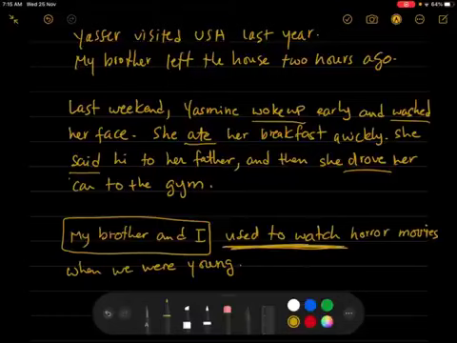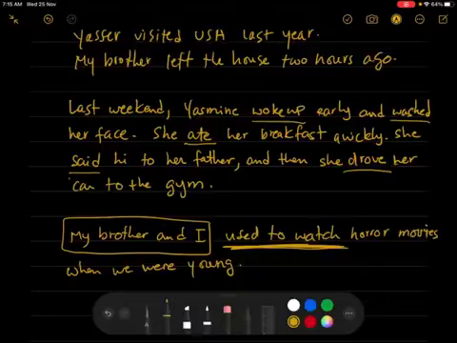See here the verb used to watch, a habit in the past. When we want to express a habit in the past, we say used to and the verb. Okay? So you can imagine something that you used to do in the past, and you can say, I used to wake up early.